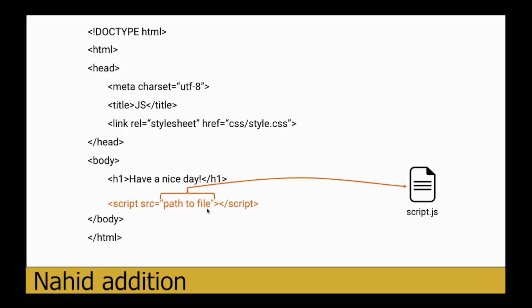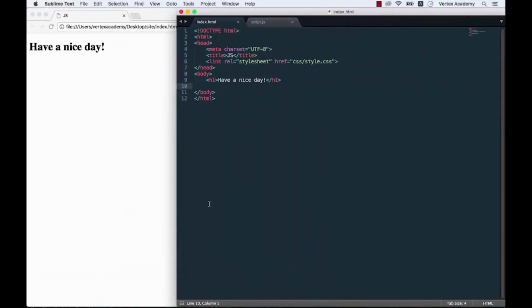In our case, we have to write js/script.js. Now let's add this line to our code. One more time, I draw your attention that you have to add this line before the closing body tag. We write a script tag, and then add an attribute called source.